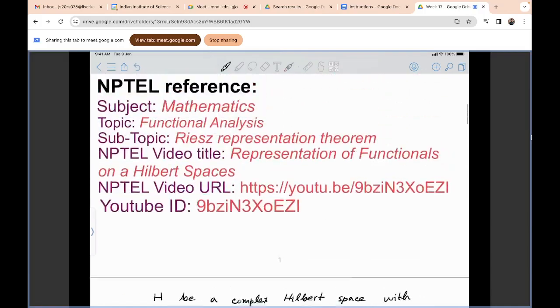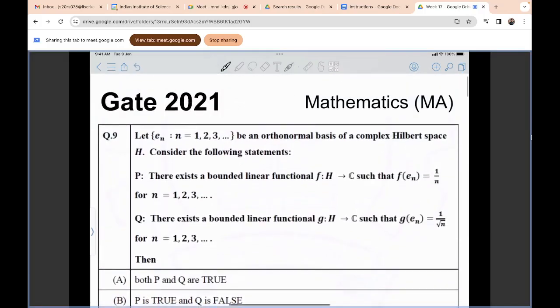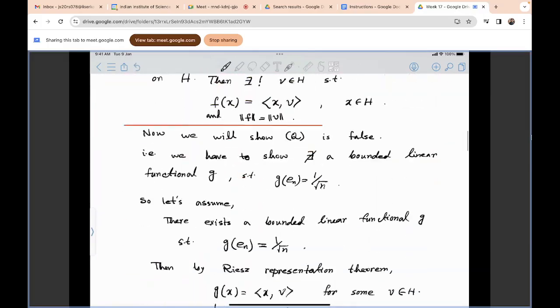Now we will show that statement P is true, meaning such a bounded linear functional exists.